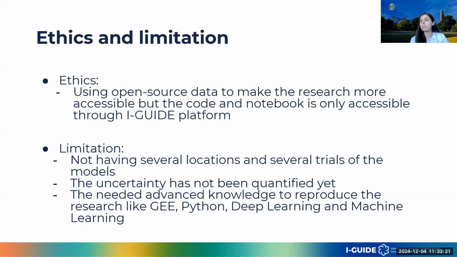But the code and notebooks were only accessible through the iGuide platform. So it was sort of open access research, but also not. And that was something that we considered as an ethical issue for this research.